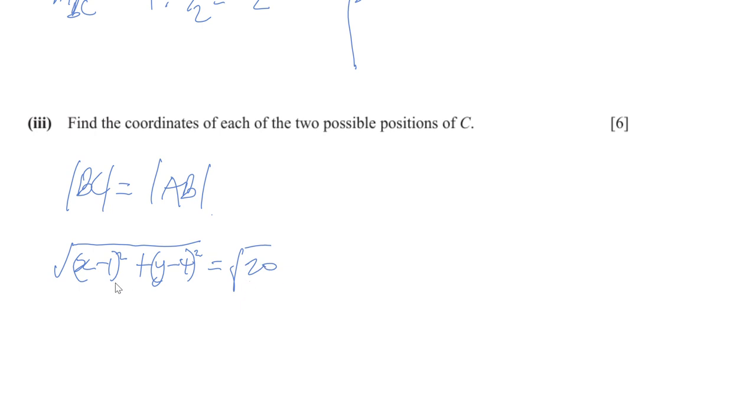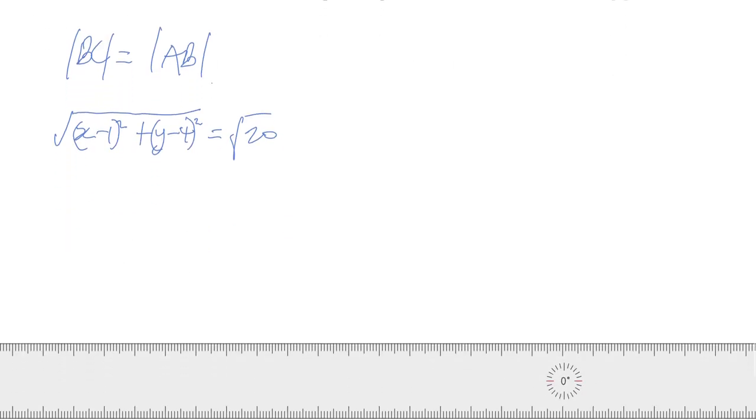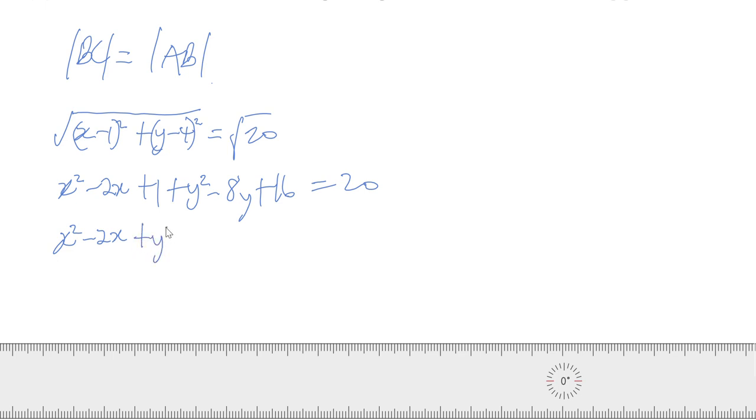Now take the square of both sides and expand the left hand side. What do you get? You get x squared minus 2x plus 1 plus y squared minus 8y plus 16 equals 20. And this gives x squared minus 2x plus y squared minus 8y.